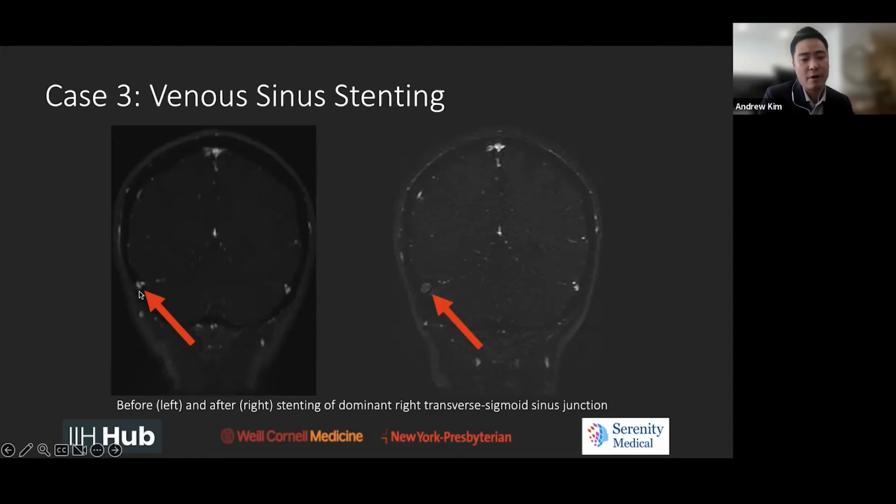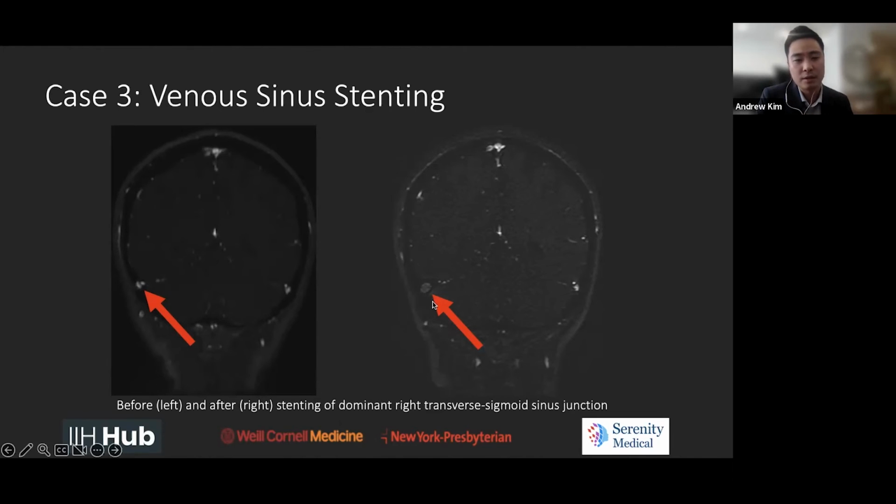That's the very severely stenotic right transverse sigmoid junction. And you can see that after the stent, there is a return of a nice, robust diameter of that vessel. Just keep in mind, whenever you do MRV imaging after stents, some of the signal can be lost.